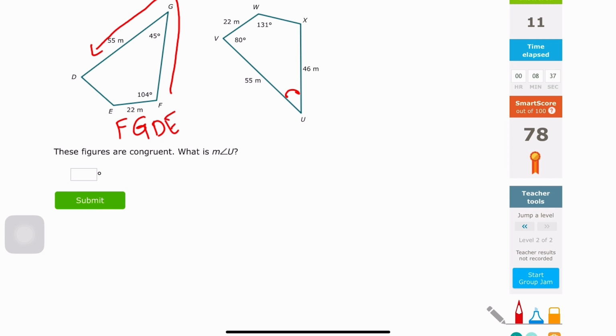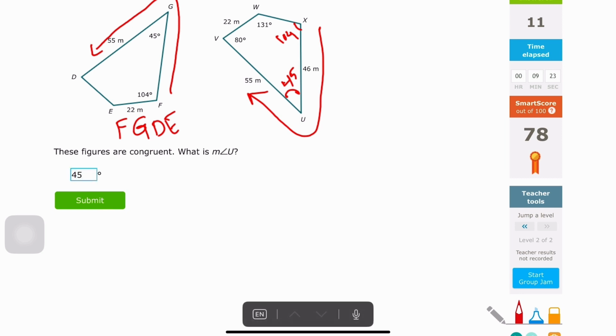In the next one, it should be in the same order: 104, 45, then we have 55. So it should be in this order. This would be 104, this would be 45, then we have 50, then we have our small side. Yep. So we are looking for the measurement of angle U, which we already found, which is 45.